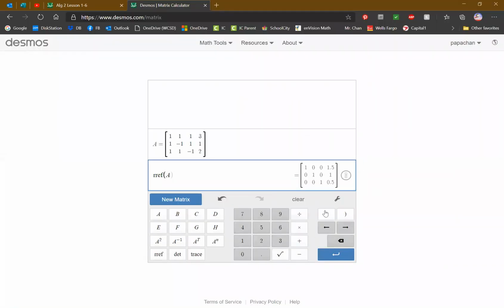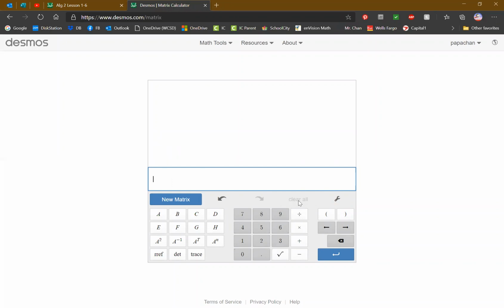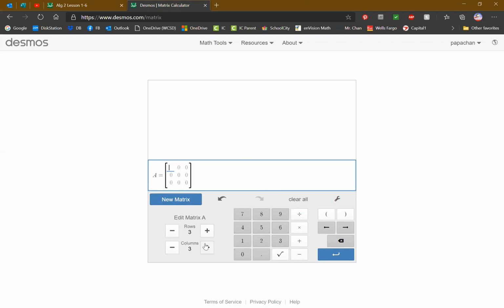And we're going to go ahead and clear everything and start over. And let's do a new matrix. This is called the 3x4 matrix, 3 rows by 4 columns.